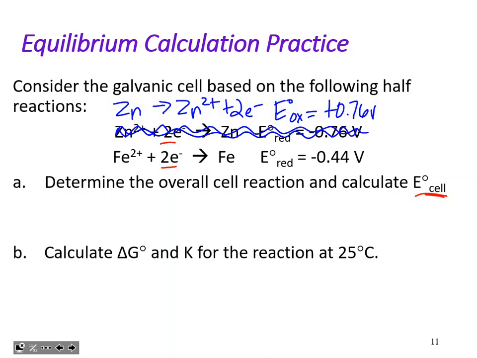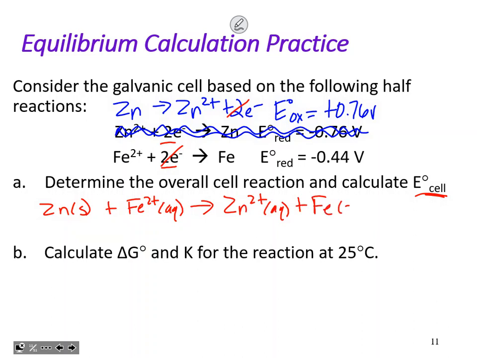Now all we need to do is cancel down the electrons and we can write out our balanced reaction. So we have zinc solid plus the iron 2 ion in solution, giving us the zinc ion in solution and the iron solid. So that's my balanced reaction there.